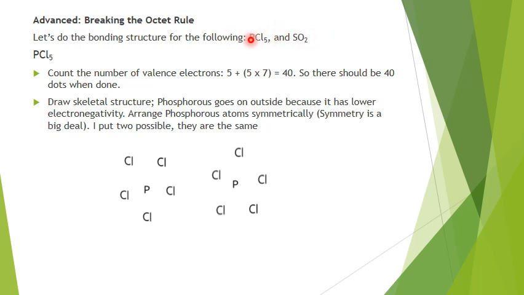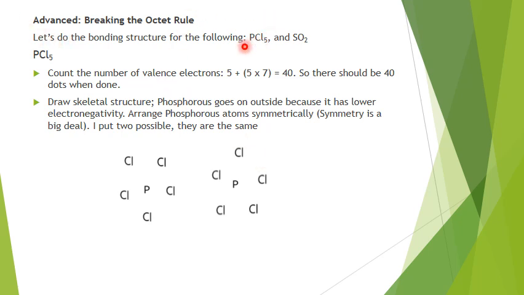Now what we want to do is get a little bit more in depth. I talked about the expansion of the valence shell, or the octet rule, and we're going to see that right now.